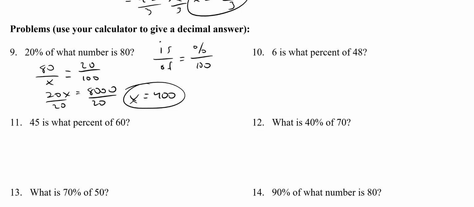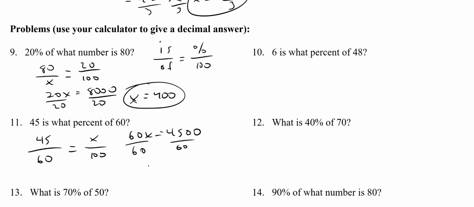45 is, that's the is, what percent? So that's what I'm looking for, that's my x, of 60. We cross multiply, so 60x is equal to 4,500, and then we divide both sides by 60. In your calculator, you get 75.